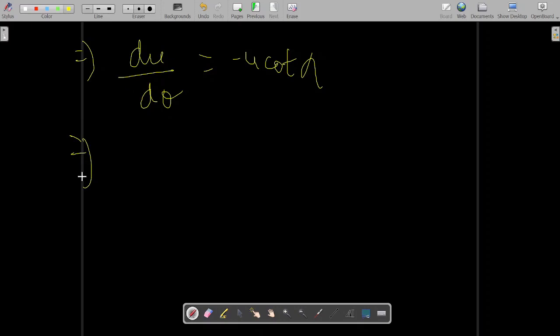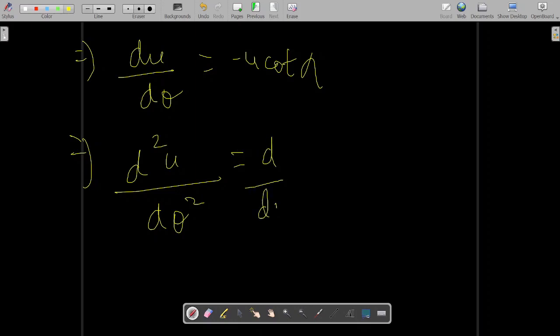That implies d2u by d theta 2, how will its value be there? Its value will be again d by d theta of this thing.